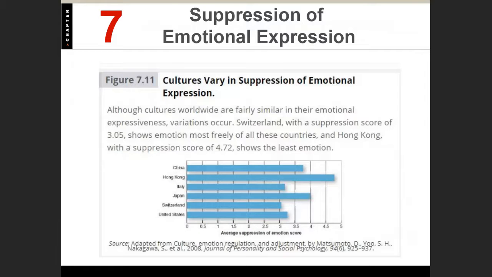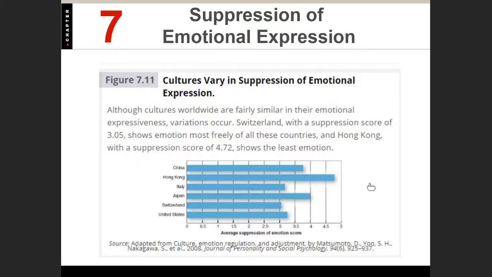This bar chart in your textbook shows you that cultures vary in suppressing their emotional expression. And so you can tell by this bar chart that Hong Kong has the most suppression of emotional expression. So in Hong Kong, it's not really appropriate, for example, to make a big smile to express happiness, because that's not part of what is understood as appropriate there.